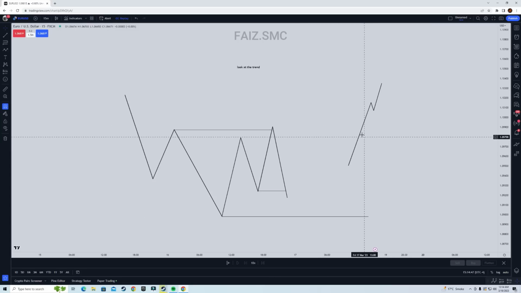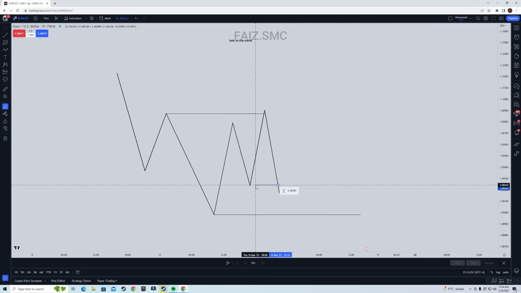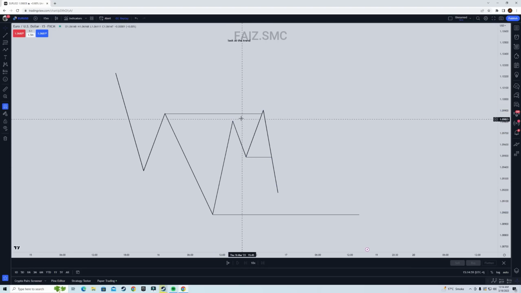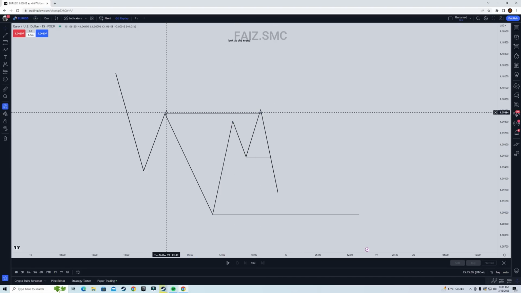So off of that, how do you identify a shift in market structure? There's one way to do that. Once price takes out some sort of liquidity on a higher time frame, and then you get a market structure shift like I just demonstrated, it takes out the high on the daily time frame, and then you get a market structure shift.